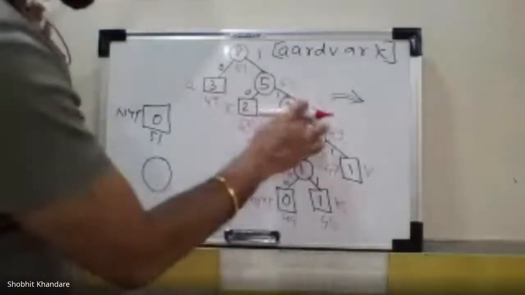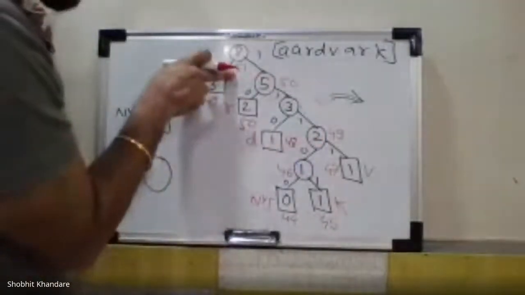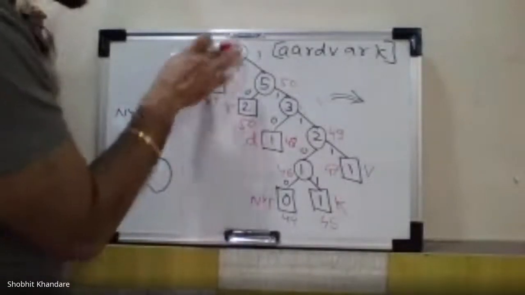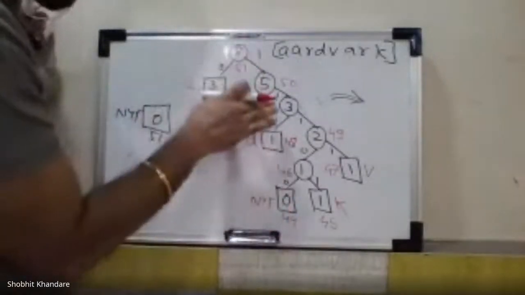No, again there is wrong, because the last uppermost, this is a root. The root should be always 51. So you can start from this upper root.